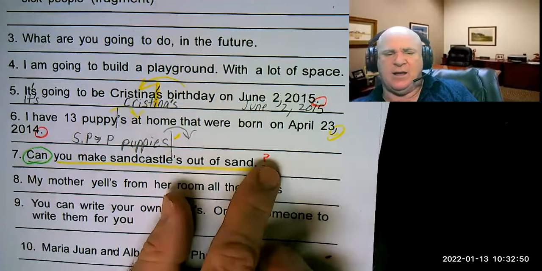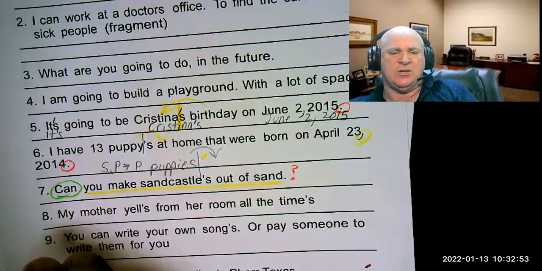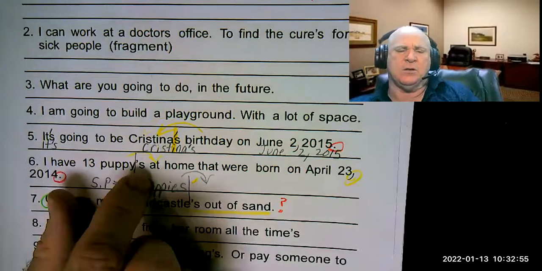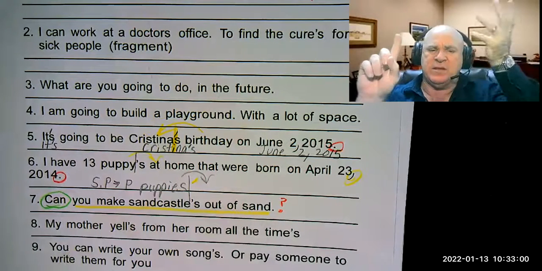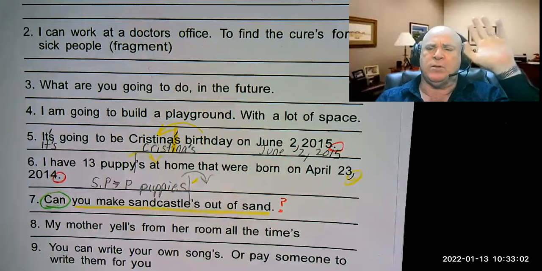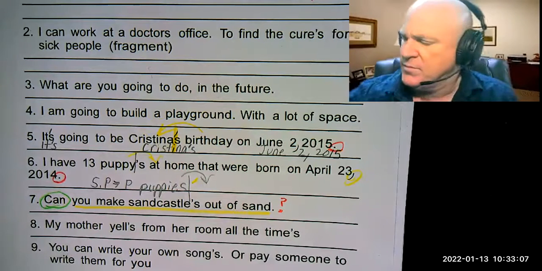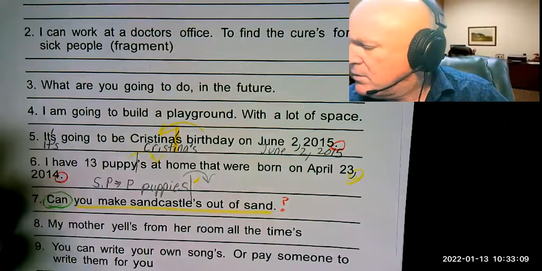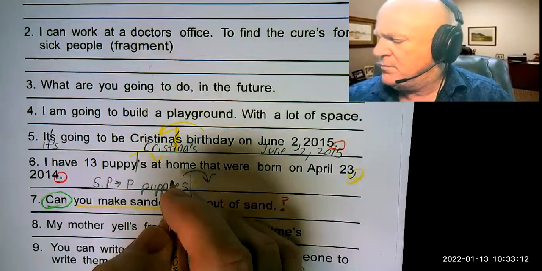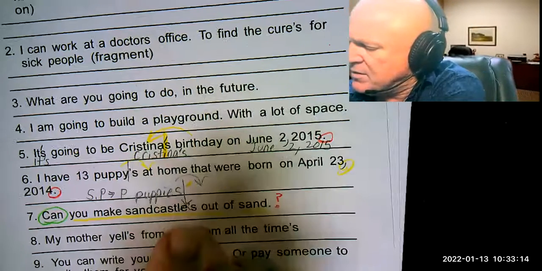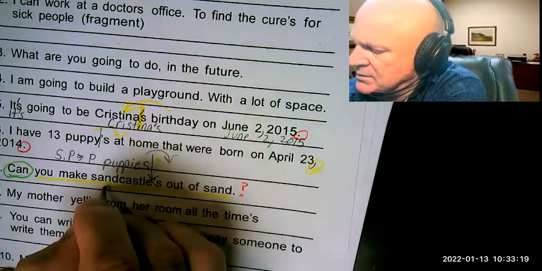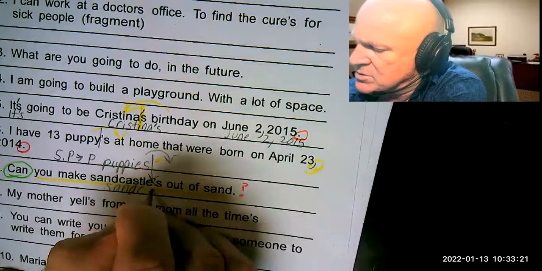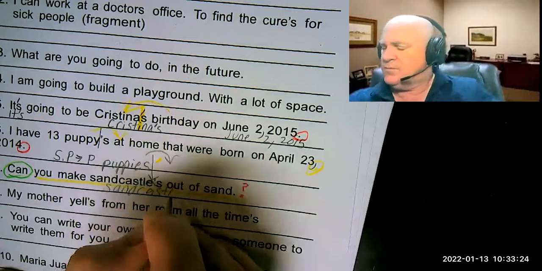So a suggestion that I have there, besides changing sandcastle's singular possessive to plural, moving over, just remove the S, the apostrophe, and you would change it by writing sand castles, plural.